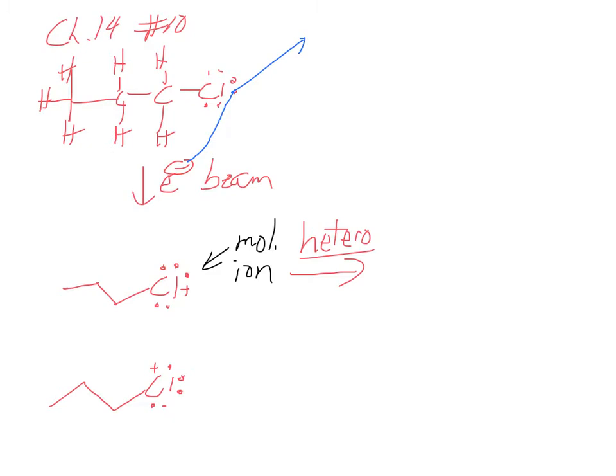So what happens in the heterolytic cleavage? Two electrons move. Let's take these two electrons in that bond and move them to the chlorine. And while we're at it, let's number our carbons. One, two, three. So what bond did I break here? Carbon 3 and Cl.